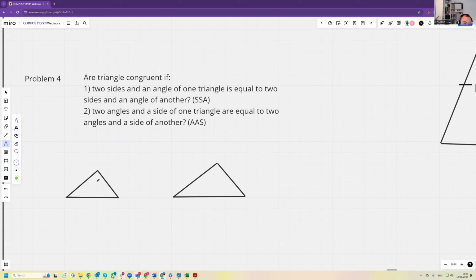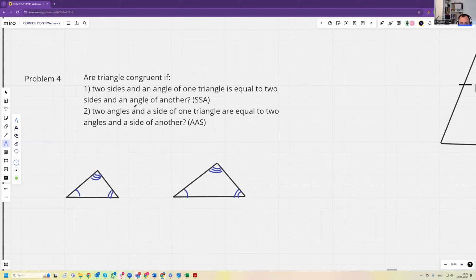Hmm. Well, let me just give you a simple example. If you have two angles equal, that means the third angle is definitely equal. The third angle is equal.